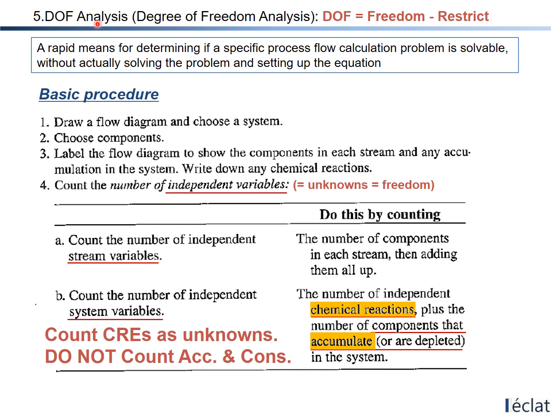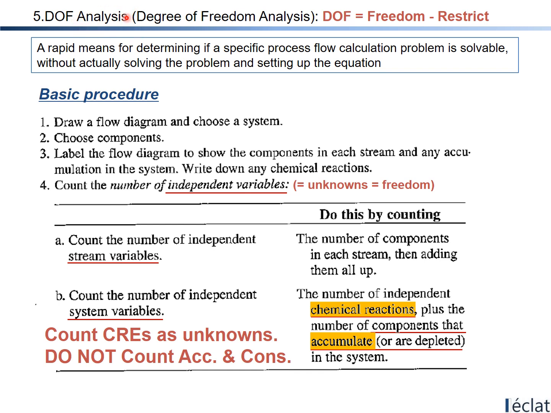In the process calculations, you used the material balance equations plus some restricts from the problems. So right now we are on the DOF, degree of freedom analysis.